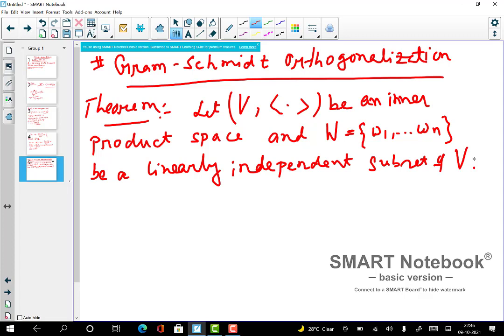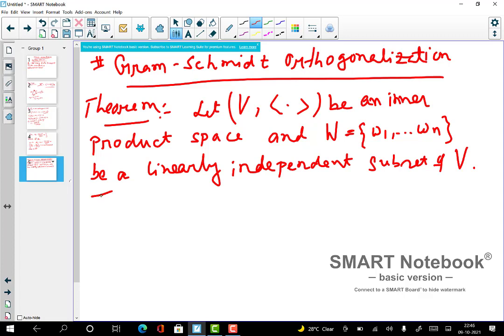And then the question is: can you find another subset which will be an orthogonal subset of V? But the interesting thing is that the subspace spanned by W and the other set will be the same.